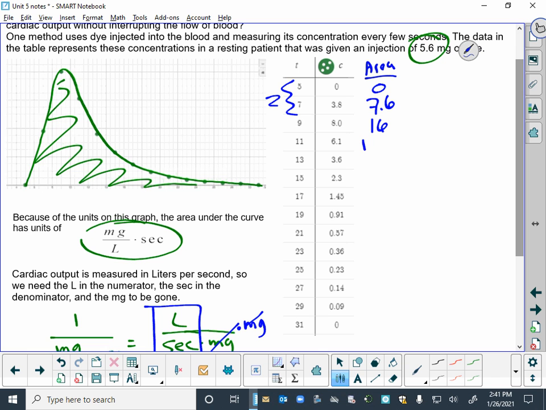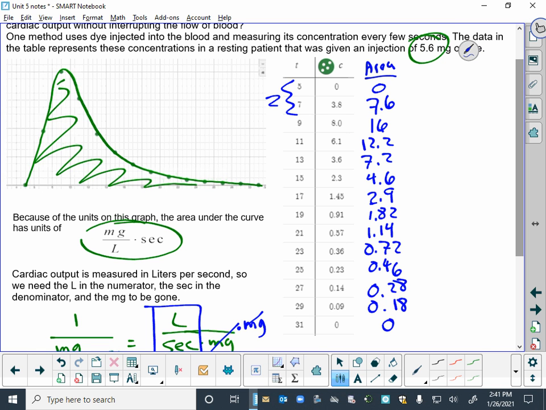This is 16, 12.2, 7.2, 4.6, 2.9, 1.82, I think, yep. 1.14, 0.72, 0.46, 0.28, 0.18, and a 0.